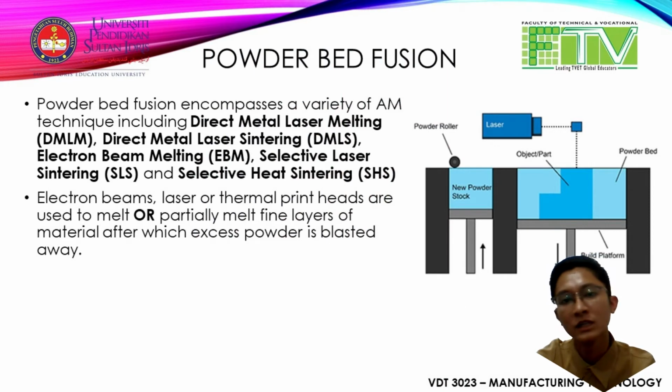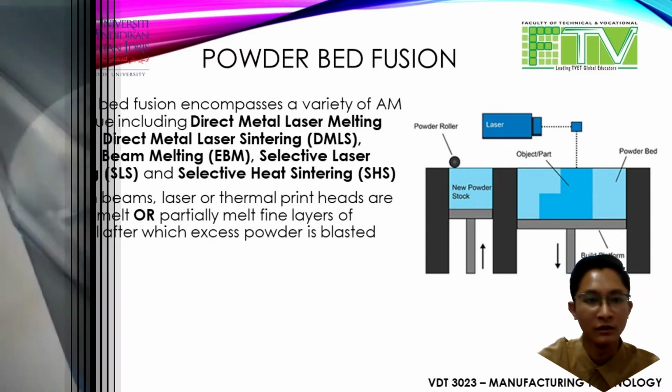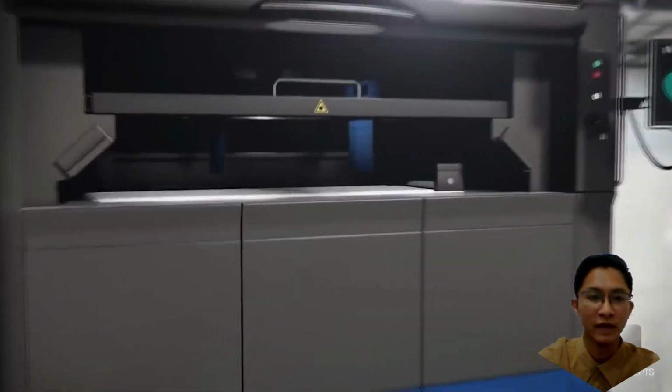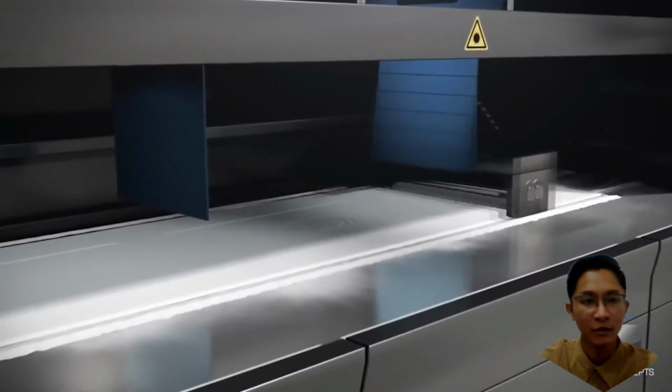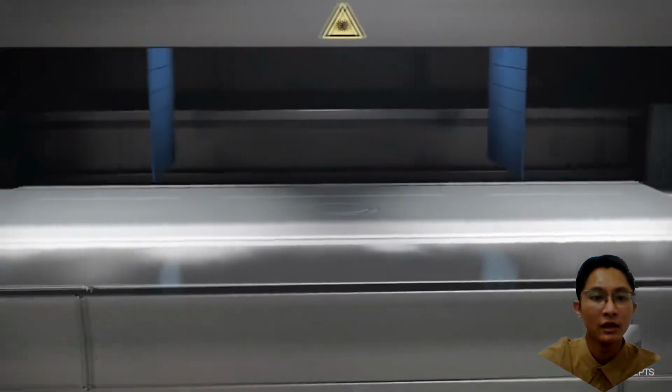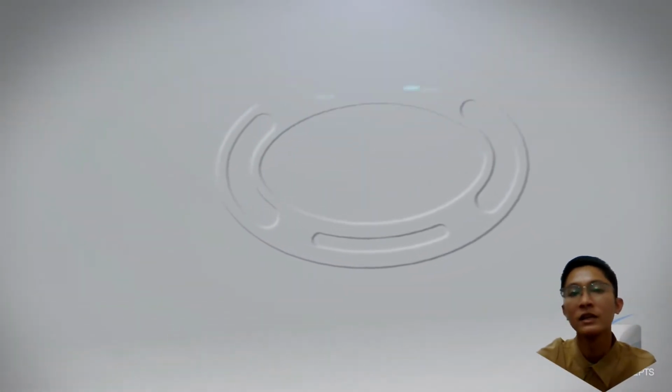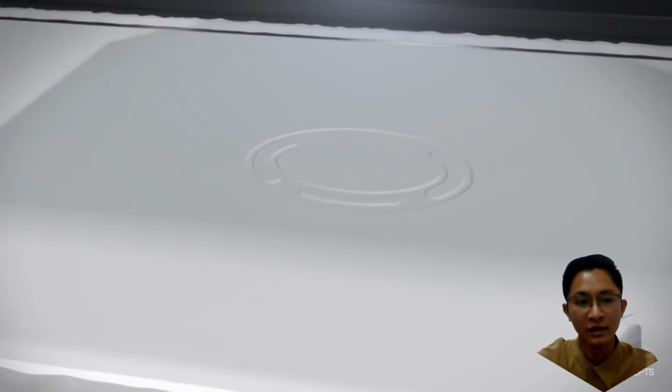Next is powder bed fusion. Powder bed fusion encompasses a variety of additive manufacturing techniques, including five types. First is direct metal laser melting, DMLM, direct metal laser sintering, DMLS, electron beam melting, EBM, selective laser sintering, SLS, and the last one is selective heat sintering, SHS.